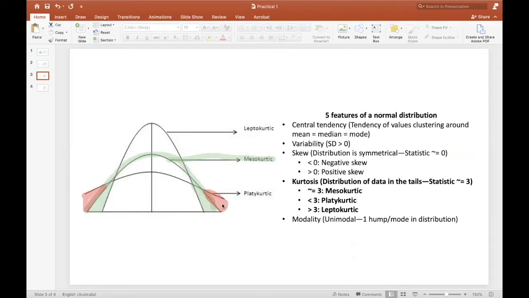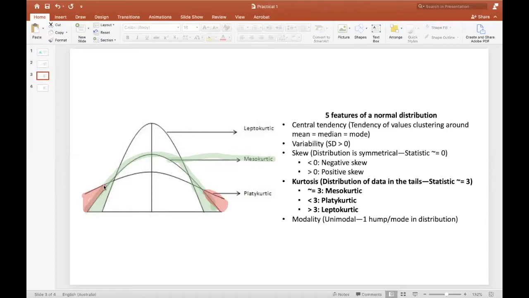And again, that's represented by a kurtosis value less than 3. One way you can remember this is a platykurtic distribution almost looks like a flat plateau.